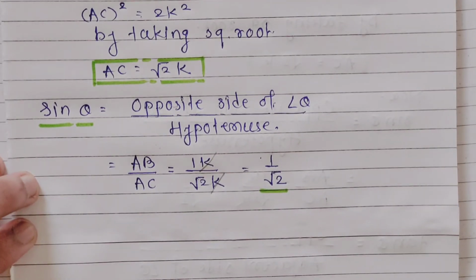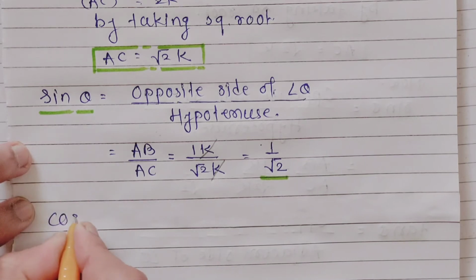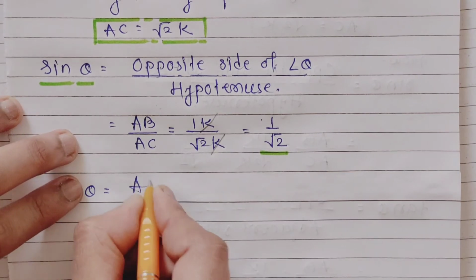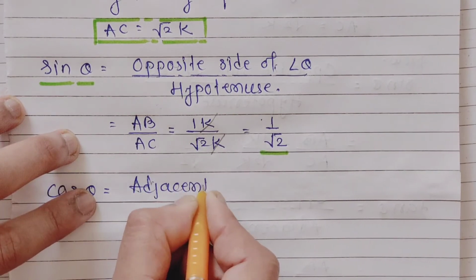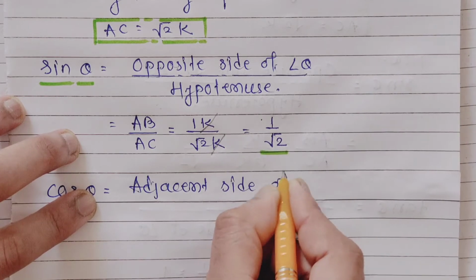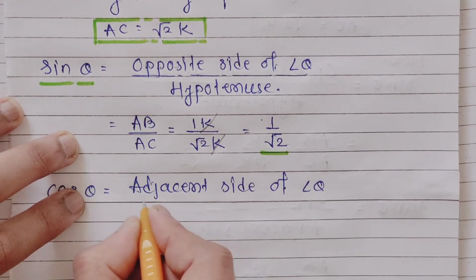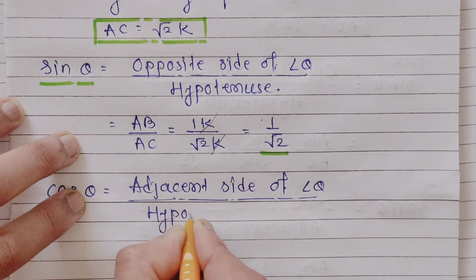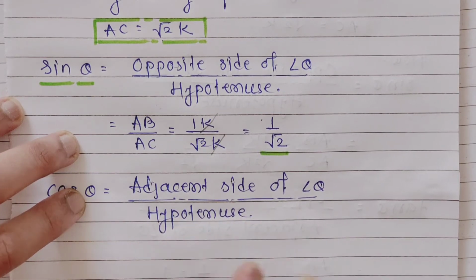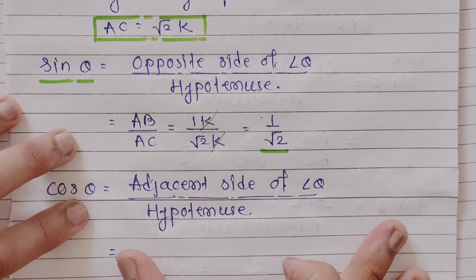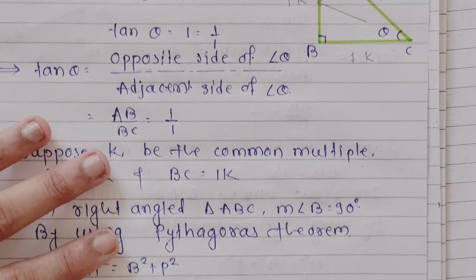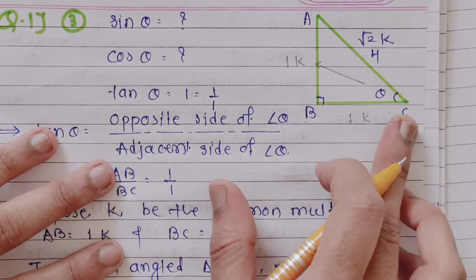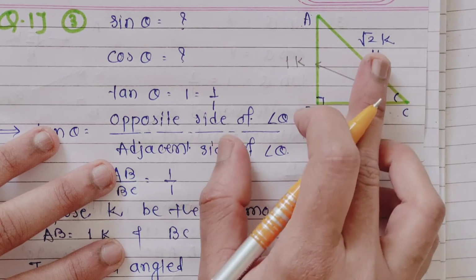Then cos theta. We know the cos ratio: adjacent side of angle theta upon hypotenuse. For angle theta, the adjacent side, see the figure, is BC upon hypotenuse, that means AC. So the ratio is BC upon AC is equal to 1K upon root 2K.